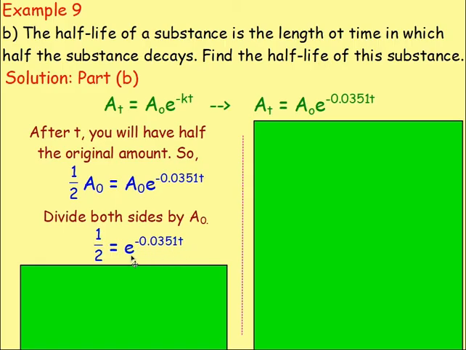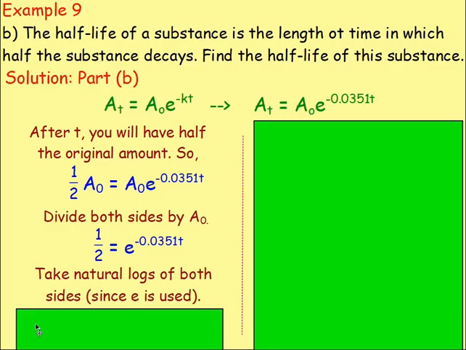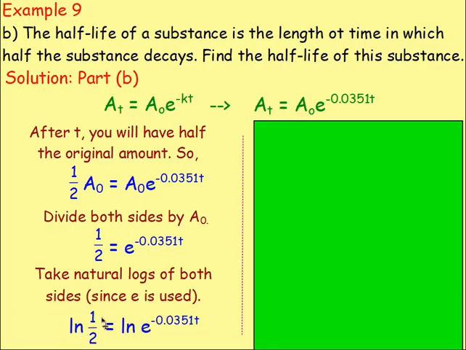After that, we can bring the index down using logs. But we need to introduce logs. Log or natural log? Natural. Why would you use natural? Because e is involved. So take natural logs of both sides. So ln a half equals ln e to the power of negative 0.0351t.